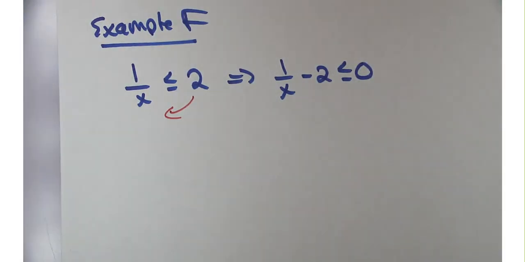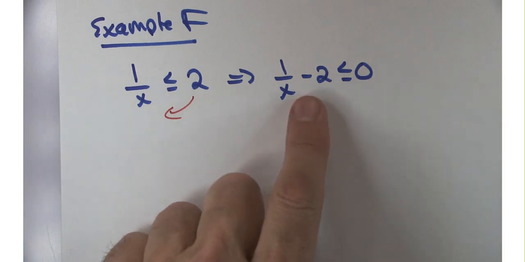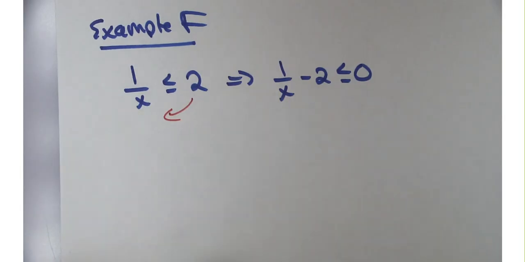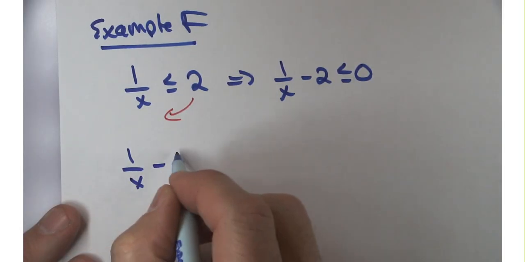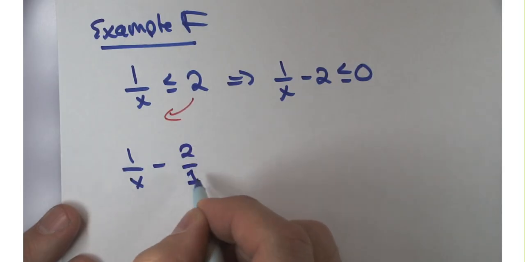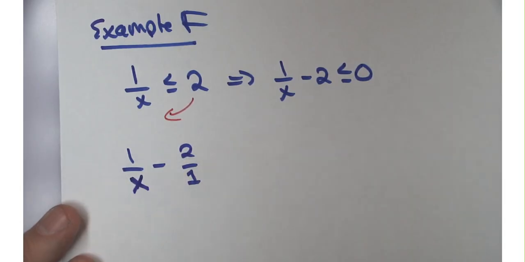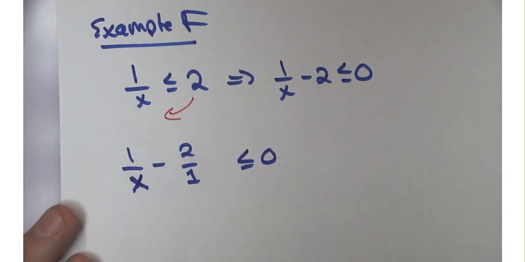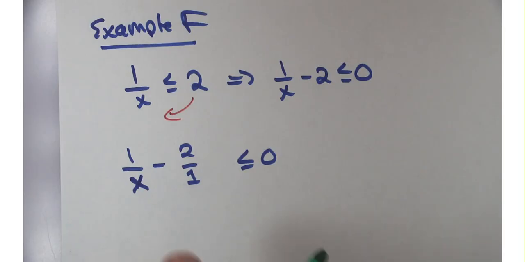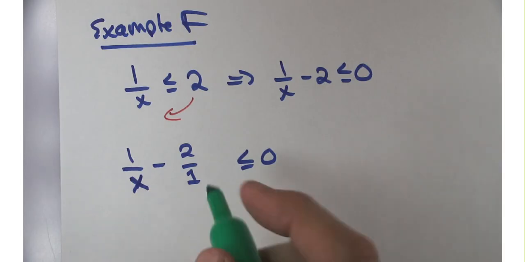Okay. But we can't start looking for critical points just yet. You've got to write this with one expression. So let me think of this 2 as being 2 over 1. What's a common denominator for this problem? What's the lowest common denominator?